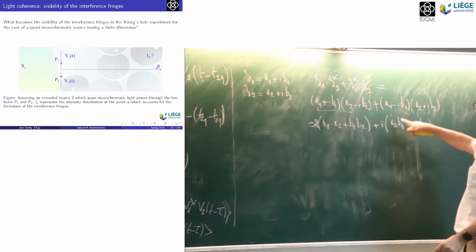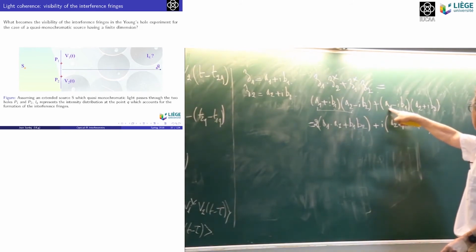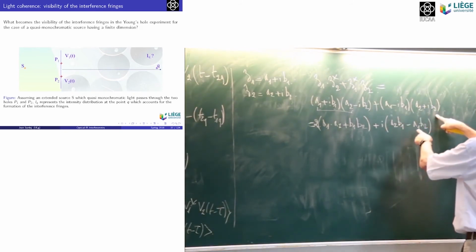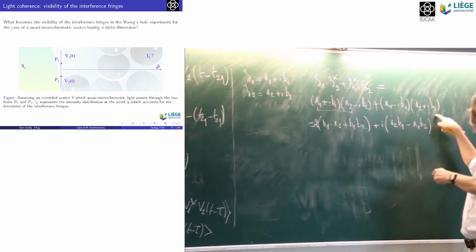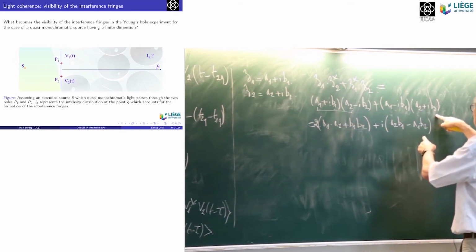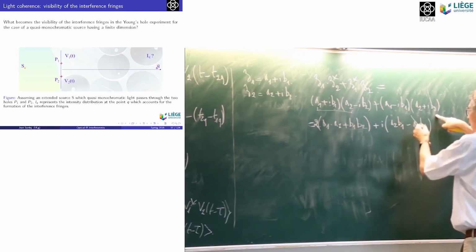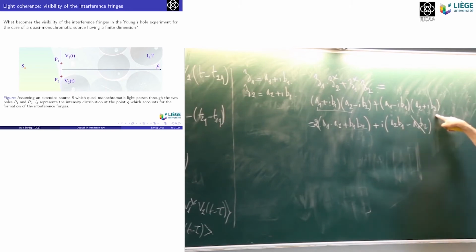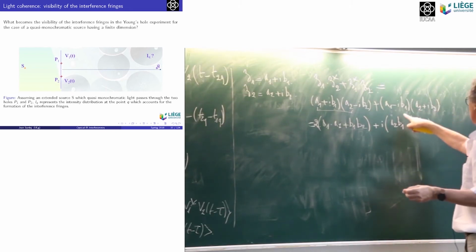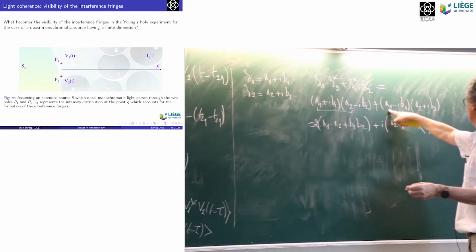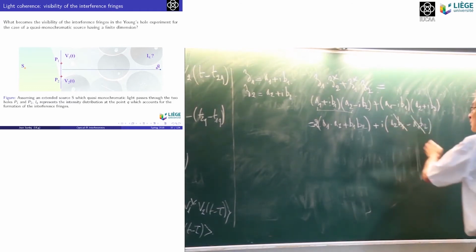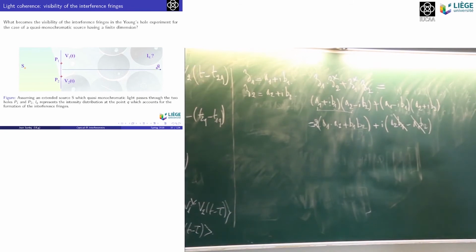And now here I will still have A1 B2, correct? So A1 B2 will go away, right? And then the other one, minus A2 B1, so it goes away. So what I find is that this result is just that.